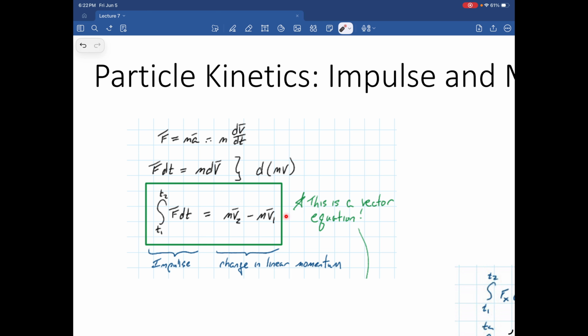We note that this is a vector equation, and the left-hand side is referred to as impulse. Force applied over a set amount of time will cause a change in linear momentum. Because these are particles, we don't deal with the extent of the body, so we only have to look at linear momentum.